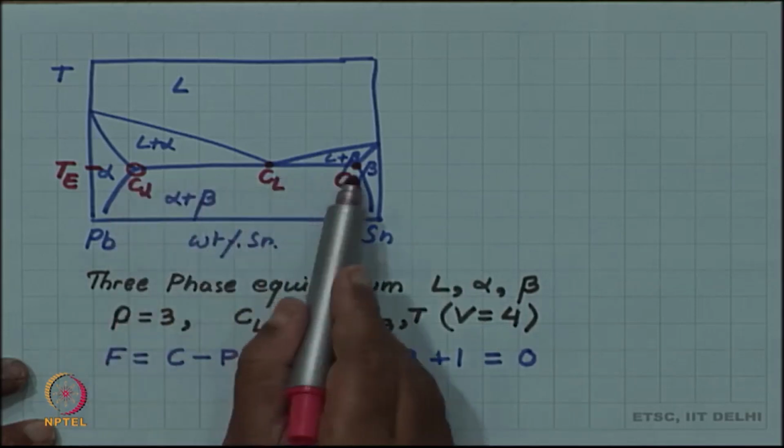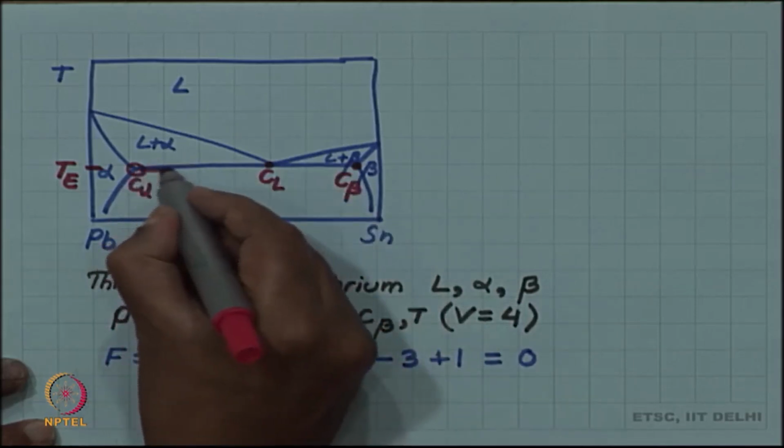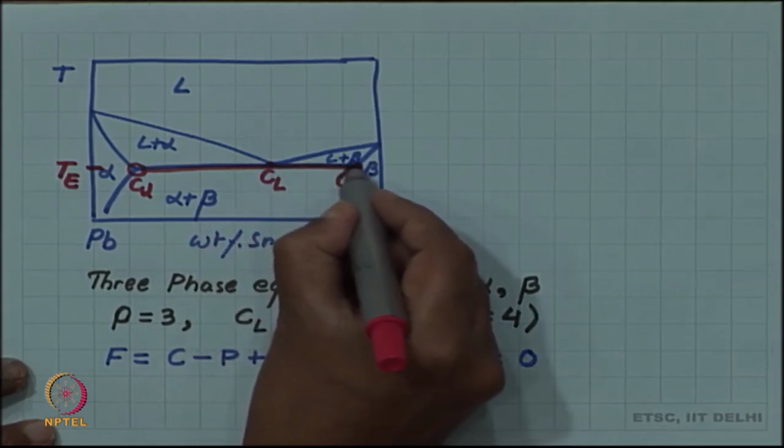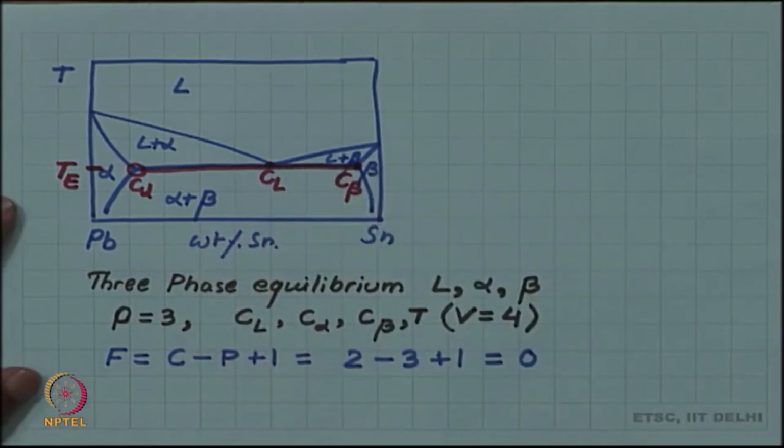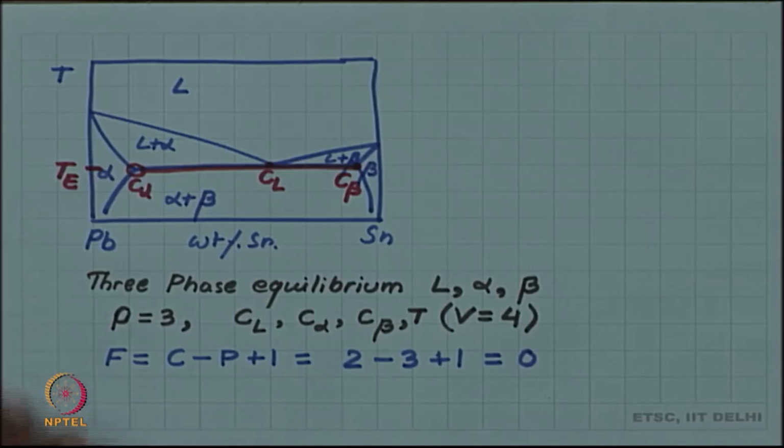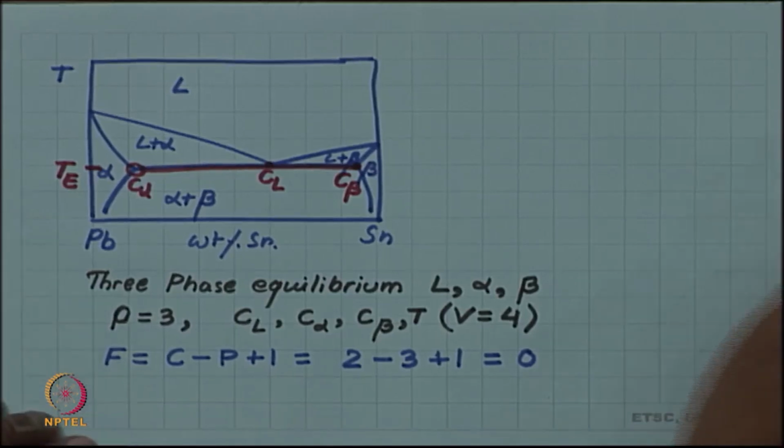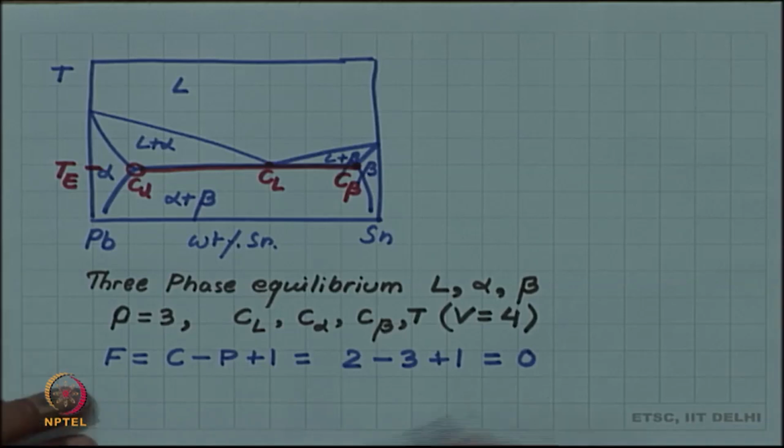So, this eutectic horizontal is actually the line of 3 phase equilibrium. That is why this eutectic reaction, where you have this 3 phase equilibrium, is known as an invariant reaction. You can't vary any of the variables; the degrees of freedom is 0.